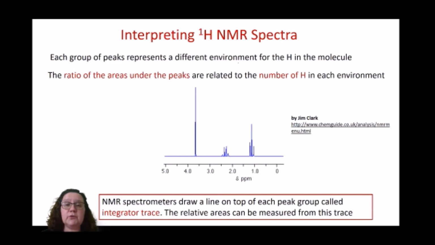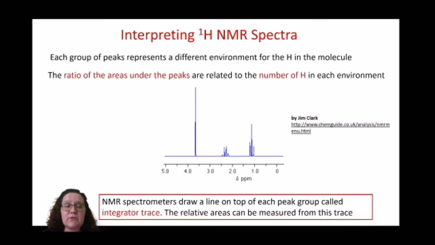When we're looking at a proton NMR spectrum, we are looking at all the hydrogens in that compound. They will all respond to the external magnetic field, so it's going to give us more information. It's going to tell us the position of the peak, which tells us what type of hydrogen, in which environment we have that hydrogen.